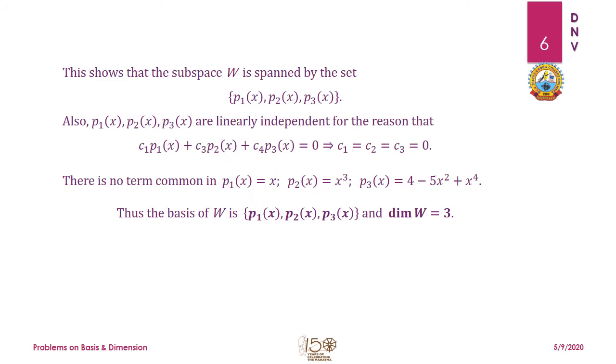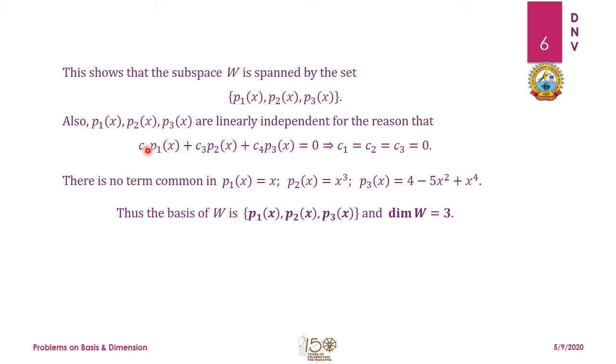So what happens? This shows that the subspace W is spanned by the set p1, p2 and p3, and these are linearly independent because of the reason I recently discussed, that no combination of p1, p2 and p3 gives me 0 on the right hand side, and this is 0 only when c1, c3 and c4 are 0.